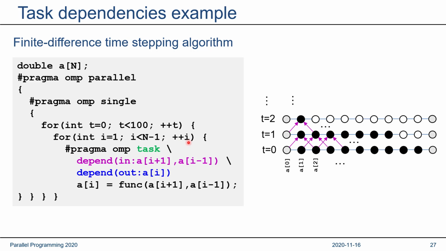Of course, the runtime has to figure out at runtime which of these tasks can run. And the answer is the tasks that have their input dependencies satisfied. This gives us a very elegant way of expressing parallelism for situations where using standard for loops would be very clumsy or cumbersome.